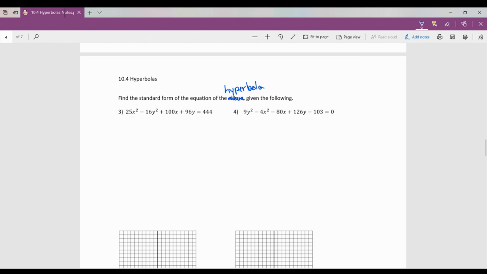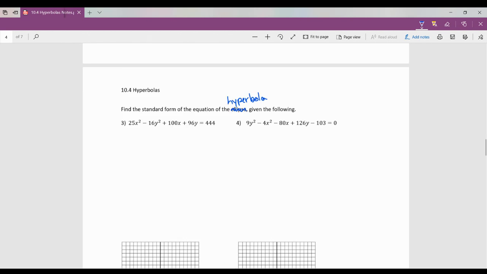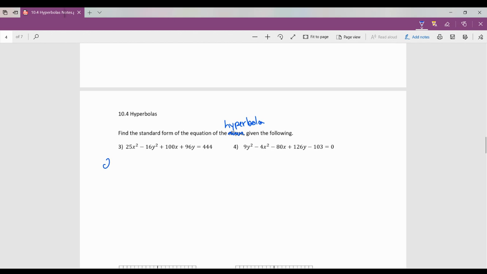So here's my equation, and what I want to do is collect all of my x's together, all of my y's together, and then bring the constant over, which it's already over. Perfect. So I've got 25x squared plus 100x minus 16y squared plus 96y equals 444.